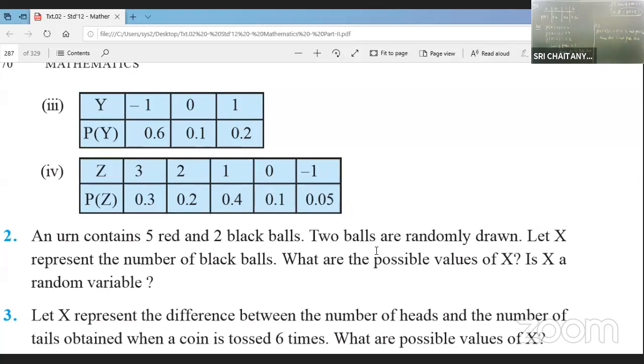But observe the sum of probabilities: 0.6 plus 0.1 plus 0.2 is not equal to 1. Alright. Therefore, the given distribution is not a probability distribution. You should write that.